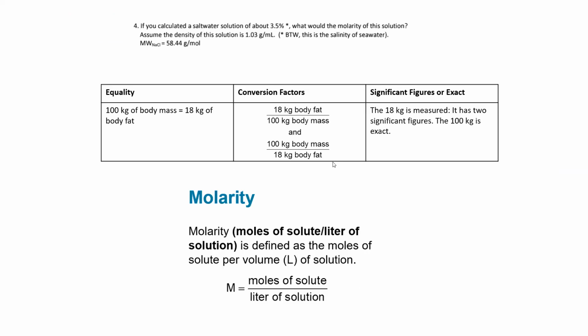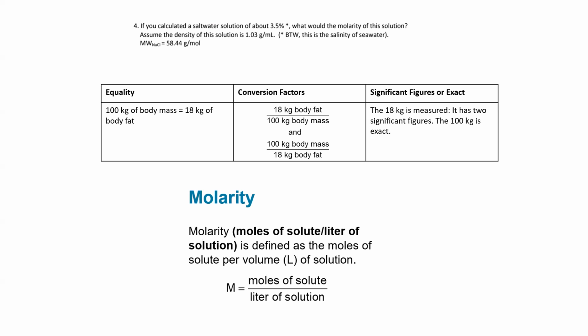All right, and then the last question in the post lab says, if you calculated a saltwater solution of about 3.5%, what would be the molarity of this solution? It gives us some additional information. It says, assume the density of the solution is 1.03 grams per milliliter. It also gives you the molecular weight, also known as the molar mass, of sodium chloride, which is 58.44 grams per mole.